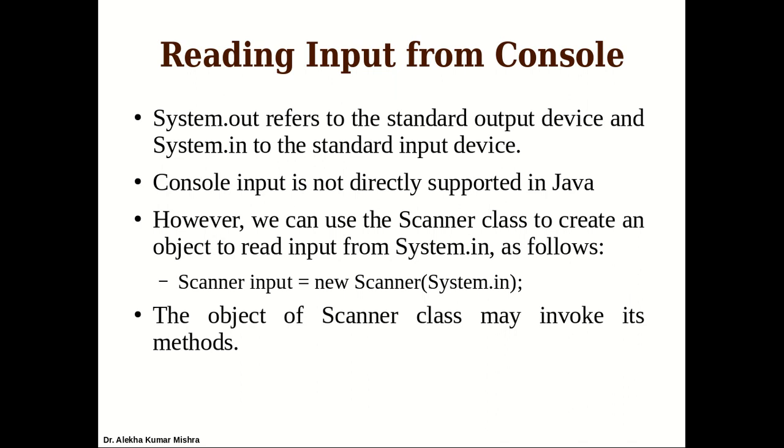It is associated with the standard input device, but there is no provision that we can use in directly in the Java program and take input from the input device. That provision is not provided in Java. Only out is permitted. In, though it's an input stream object, you are not allowed to use it directly.